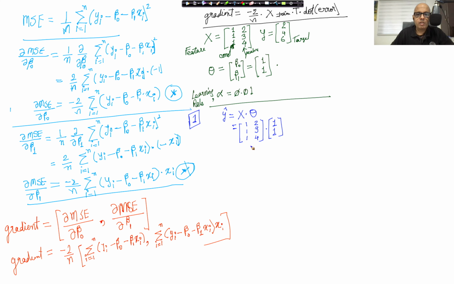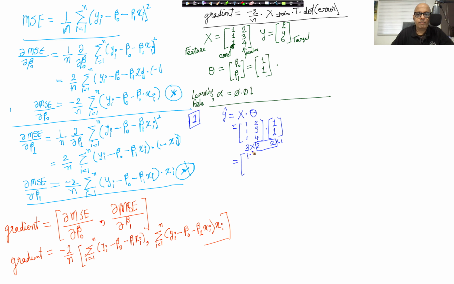As you may know, in matrix calculations, if we have this matrix, which is 3 by 2, and this matrix, which is 2 by 1, then the resultant matrix would be of the size 3 by 1, right? That makes sense because we have three data points, the first, second, and third, so we would expect three predictions.